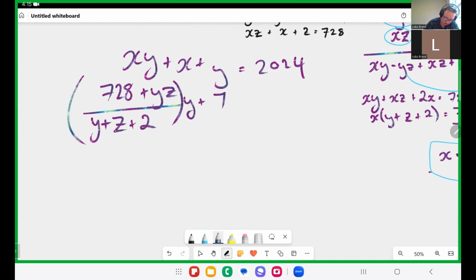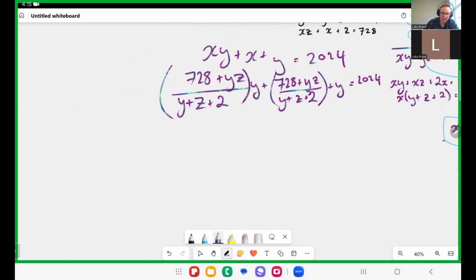Plus x, which is 728 plus yz over y plus z plus 2, plus y equals 2024.